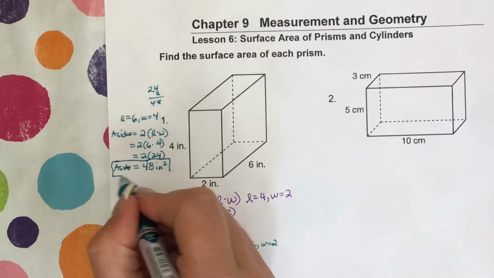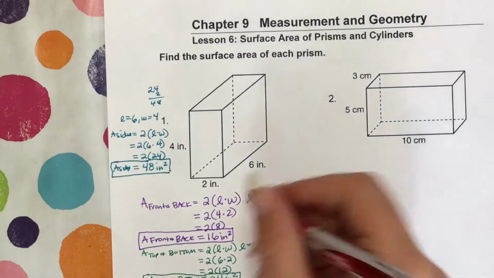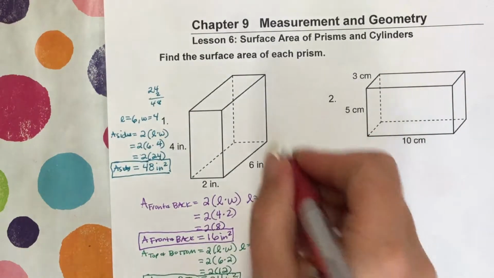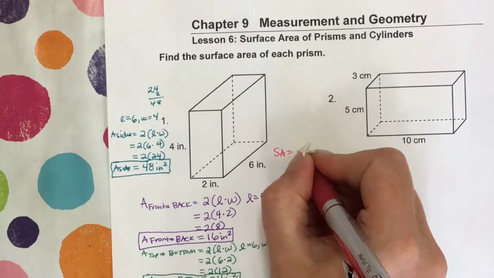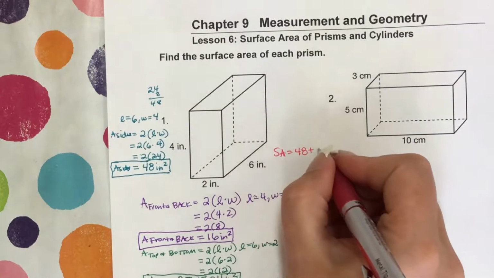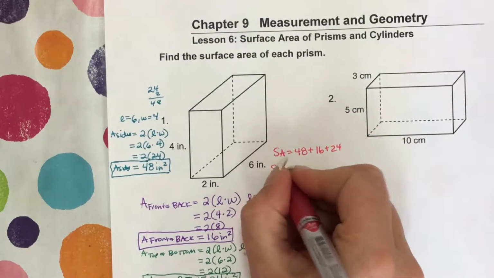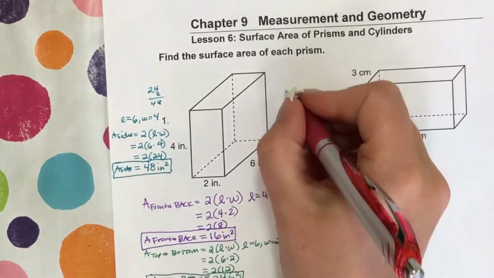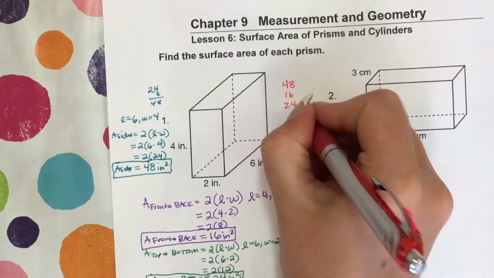All right, we have the area of all 6 sides, okay? And so now we just need to find the surface area. We need to add up all of these areas of the surface. So let's go ahead and do that. So the surface area equals 48 plus 16 plus 24. I'm going to take these up here and add them. So 48, 16, 24.